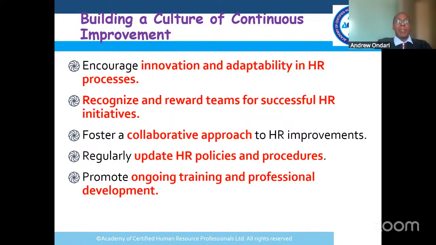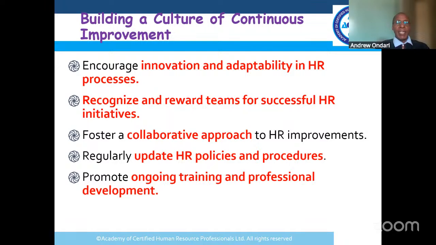I have already mentioned the best practices that we should embrace. One, promote innovation and adaptability, that we should be agile by way of regular updates. So if we regularly update our policies and practices, then we are building a culture of continuous improvement.